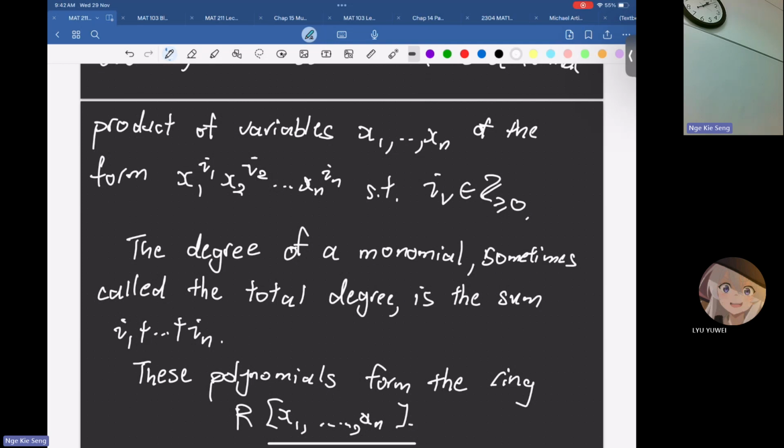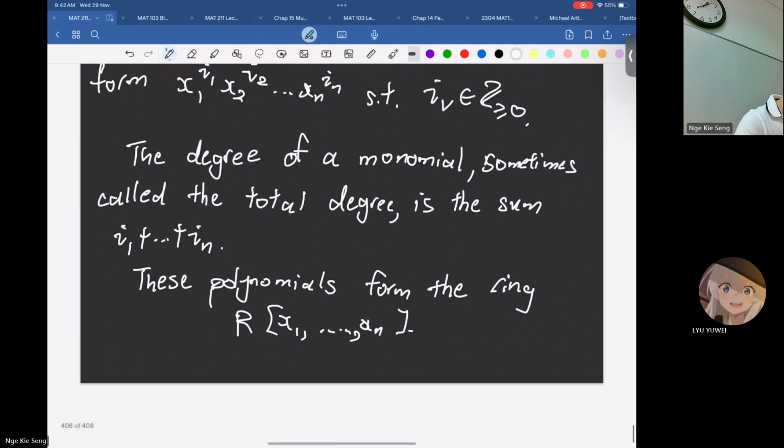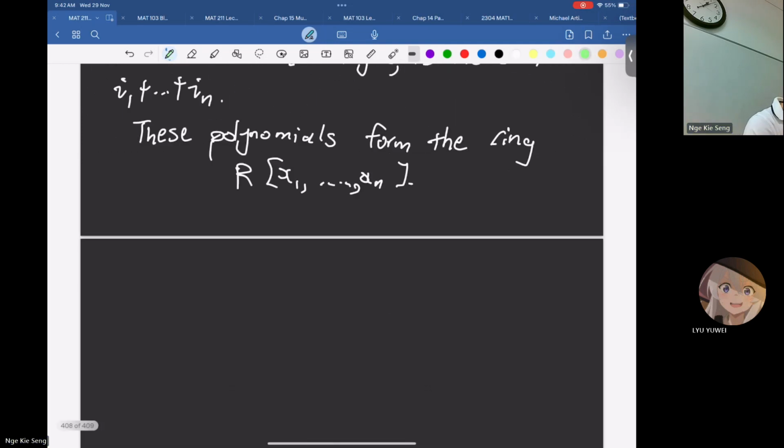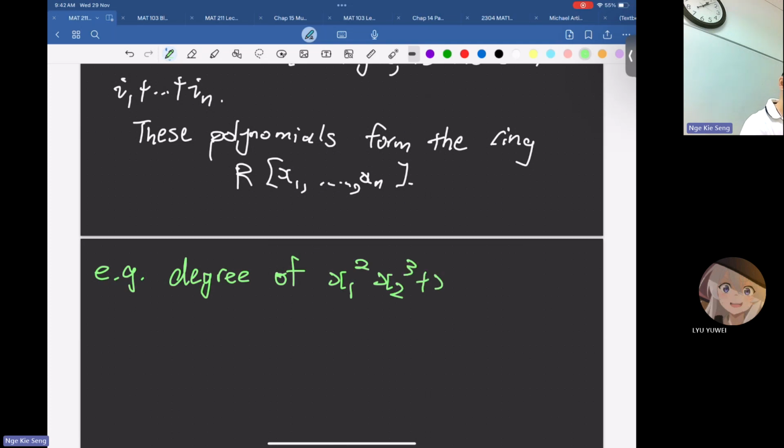So for now, the degree of a monomial, sometimes called the total degree, is the sum of these i1 up to in, which are the powers. For example, what's the degree of x1 squared, x2 cubed, x3 to the power 100?